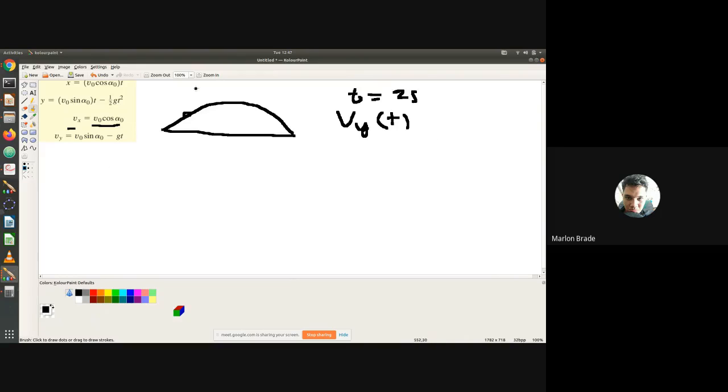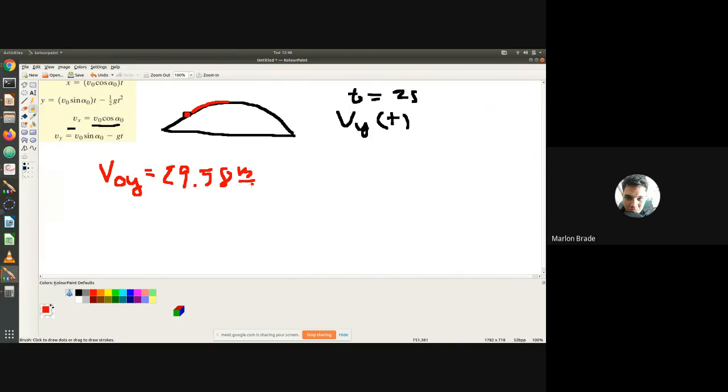At t equals 2 seconds the ball is still going up. But while going up, what is the initial velocity along y? That was solved already: v naught sin alpha, which is 29.58 meters per second.